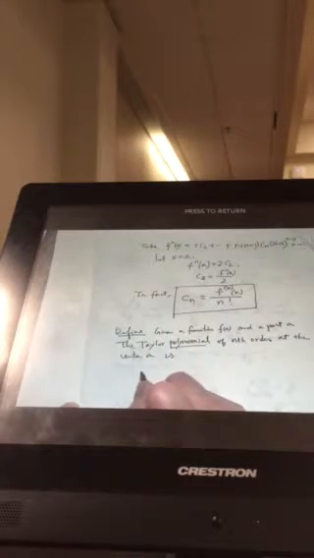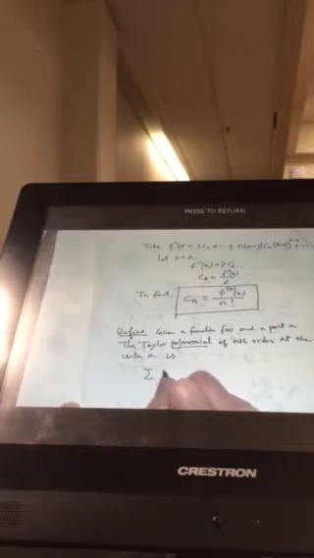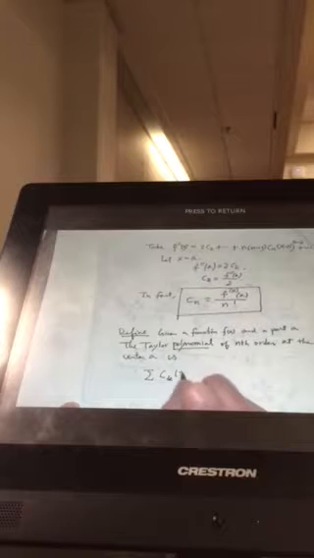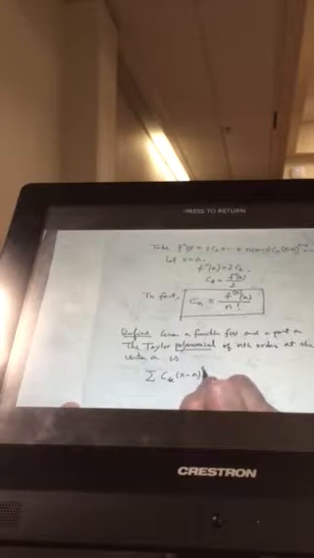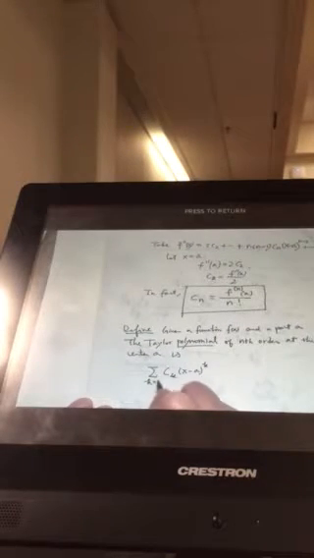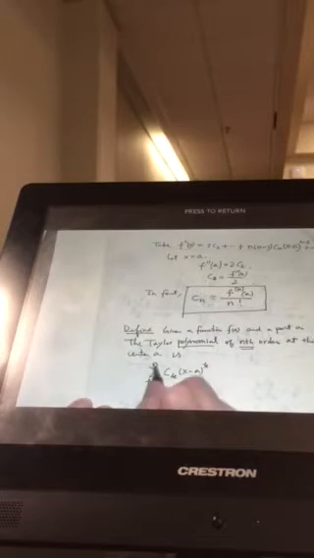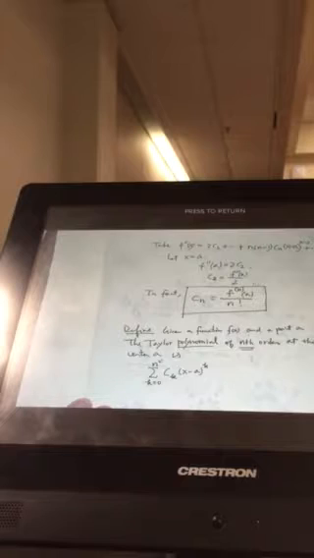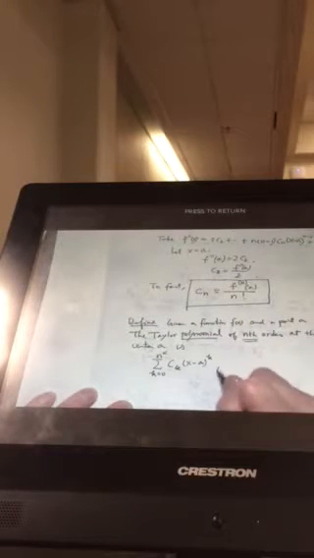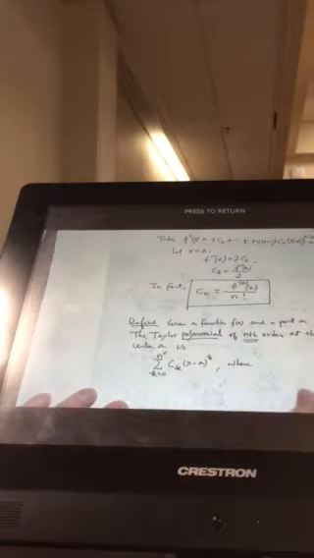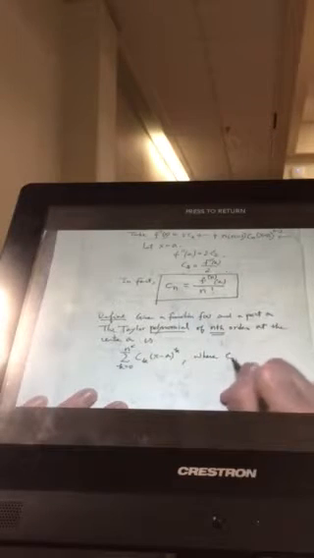So it's the summation of ck (x minus a) to the k, where k is from 0 to n. Only go all the way to n. It's nth order, so we go all the way to n. And where the c sub k is the one we found.